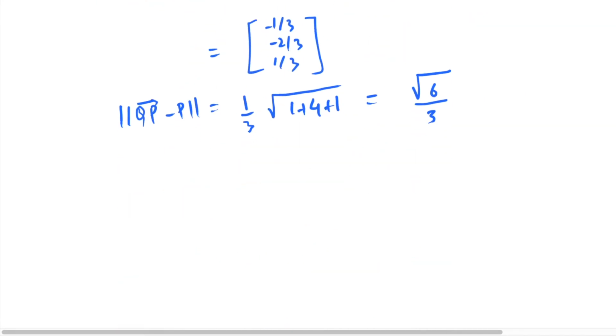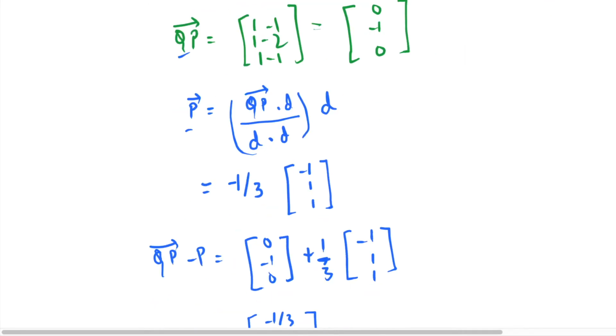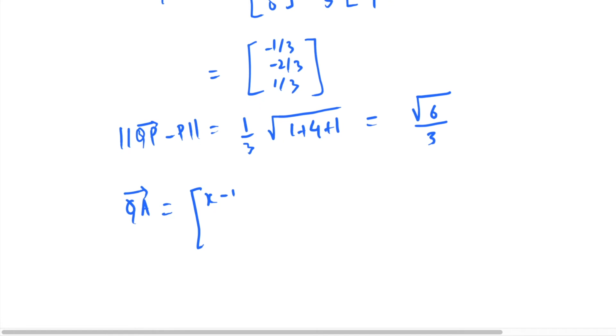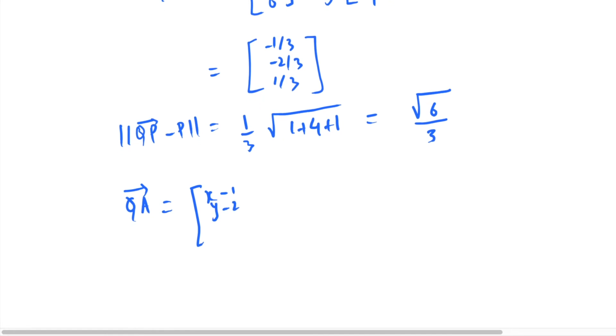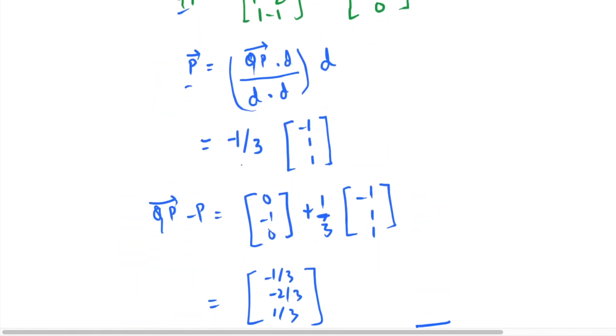So the vector QA is going to be equal to x minus 1, y minus 2, and z minus 1. And this is equal to vector P, right? And vector P is this guy.